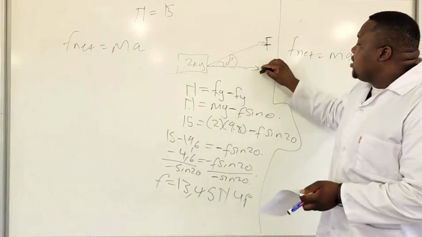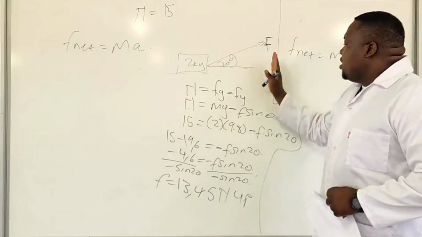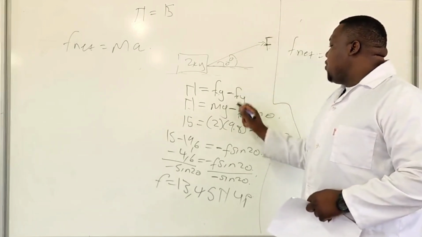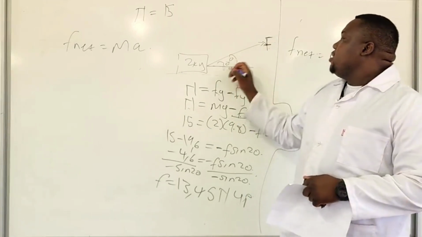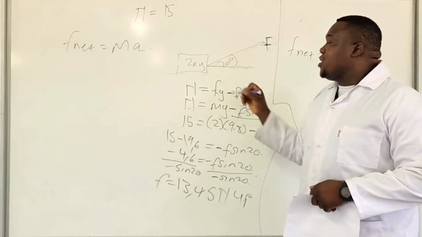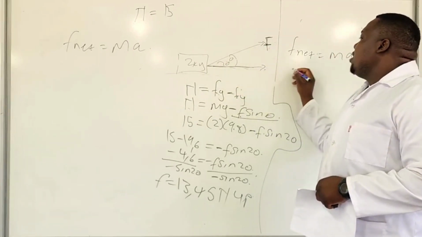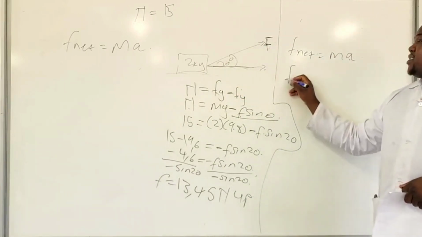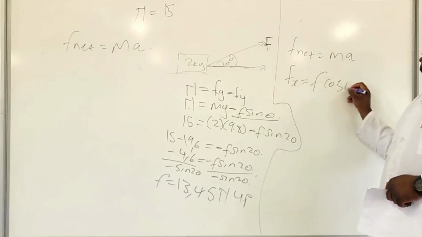Remember, I was demonstrating to you that this force F has got two components. It has got the vertical component, which is Fy, calculated as force F sine theta. This force F also has a second component, which is called Fx. So how do we calculate that Fx? Fx is equal to force F cos theta.